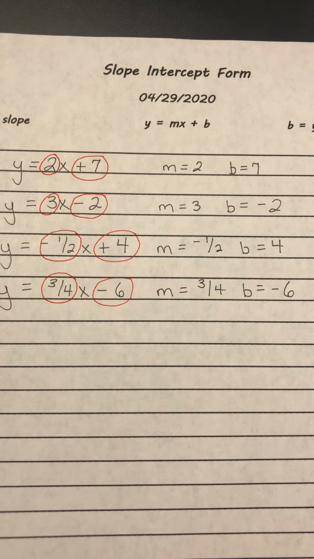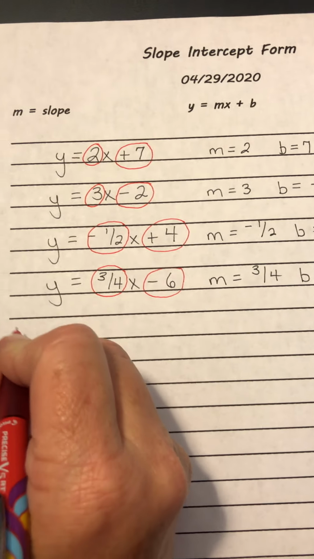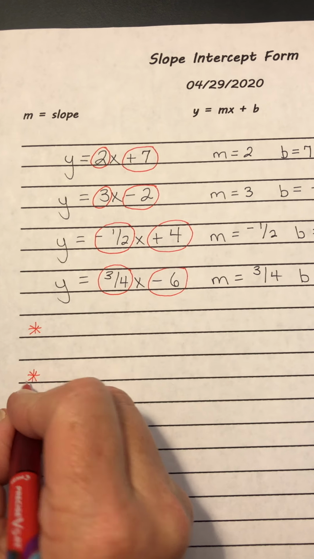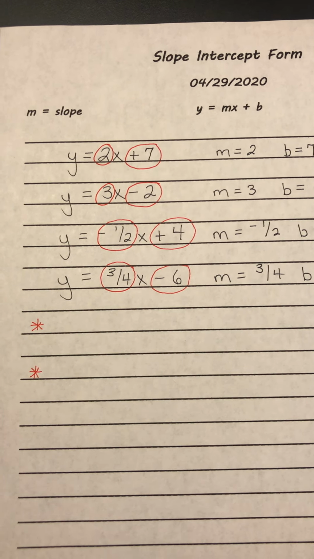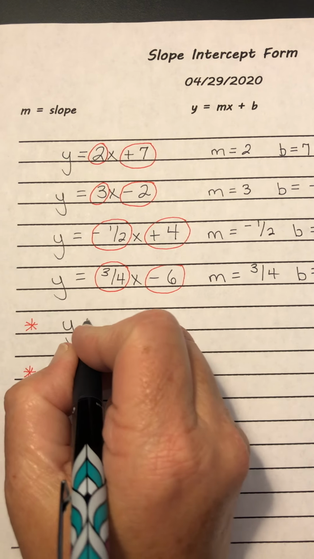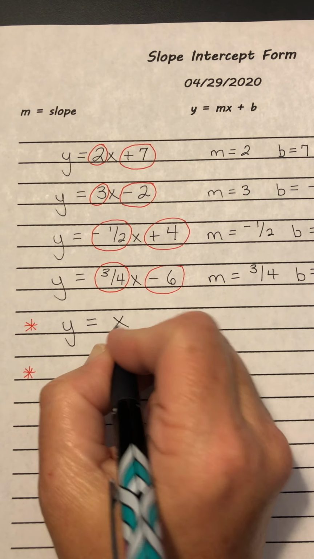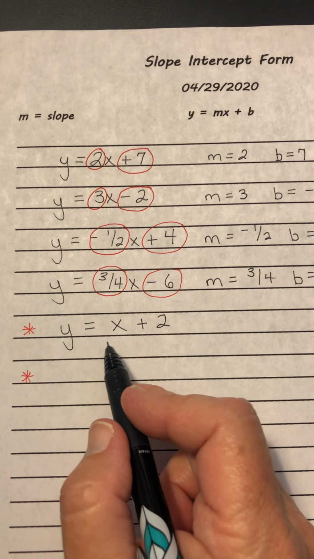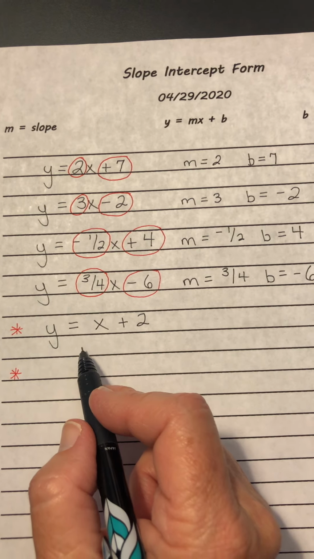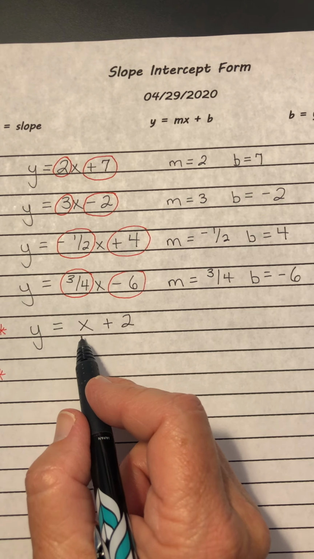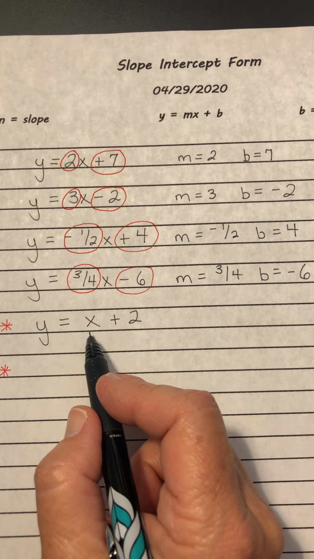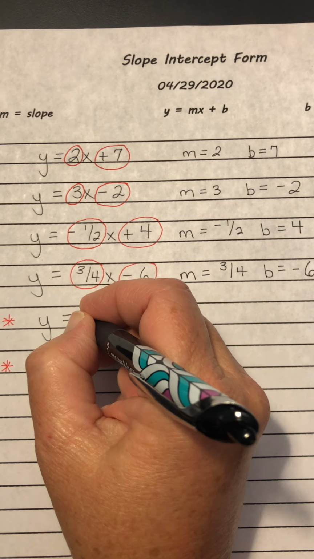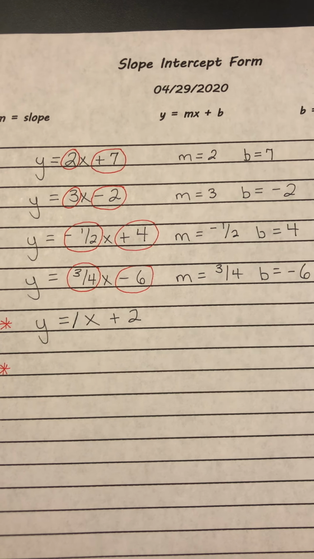Now there are some very special ones, and I'm going to put red asterisks by them because they look a little different. So you would see something like this: y equals x plus 2. Now, since there is nothing in front of the x, we still have a slope, and it is not x. The slope is not x. So remember, in algebra, what you have is you have a 1 if there's nothing there.